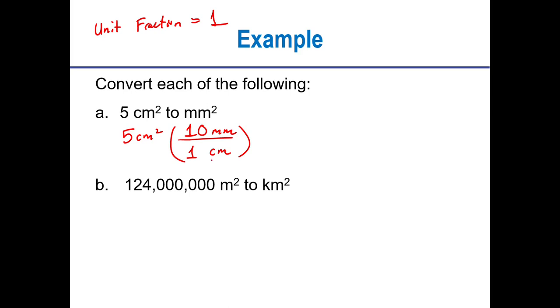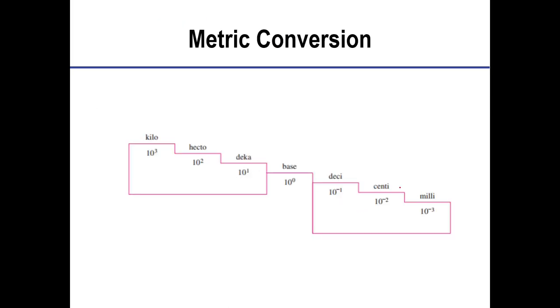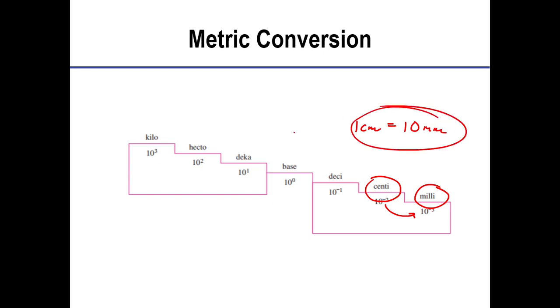I can go back and look at my chart. We're converting from centimeters to millimeters, so I move the decimal place 1 time to the right. So 1 centimeter is equivalent to 10 millimeters. So that is going to be used to do our conversion.